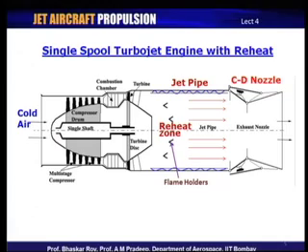Now, what happens? This reheat flow goes into the nozzle. What I have written here is a CD nozzle, which is an abbreviation for convergent divergent nozzle. You can see we have a convergent part of the nozzle and then a divergent part of the nozzle. Of course, we will be talking about the aerodynamics and gas dynamics of these nozzle systems in much more detail later on in our nozzle chapter, and a little bit of that would be done much before that in your thermodynamics chapter in terms of the aerothermodynamics of the flow through the nozzles.